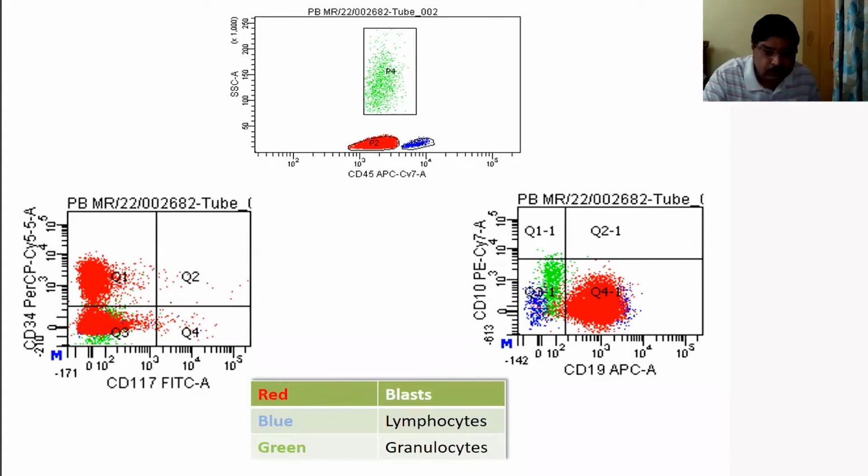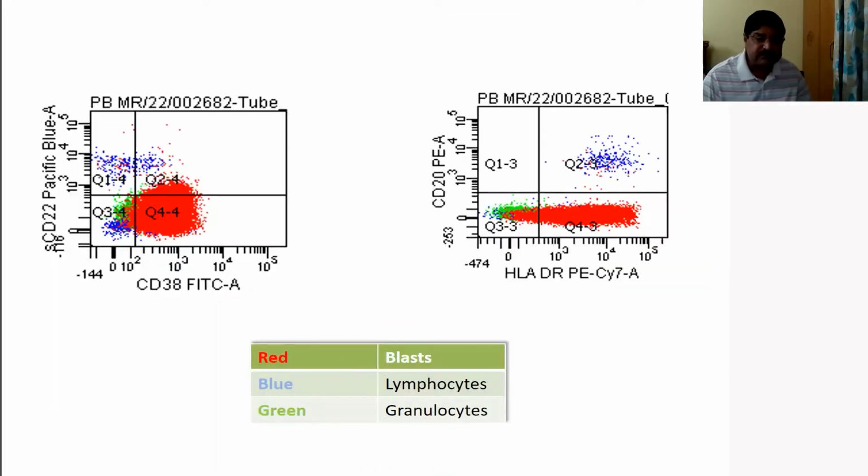If you see the other scatter plot, CD34 and CD117, it shows that the cells are CD34 positive, the Q1 population, the upper inner quadrant. Then you see the CD19, CD10 plot, which is CD10 negative, CD19 positive. So the cells are CD34 and CD19 positive.